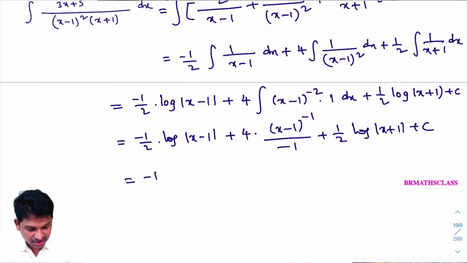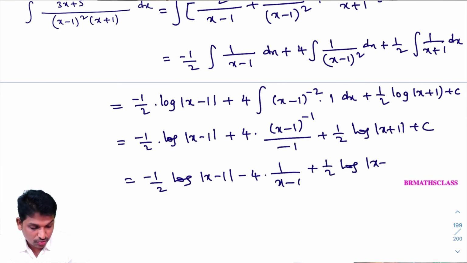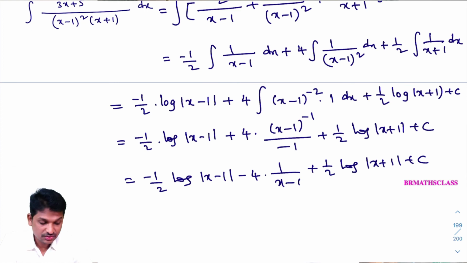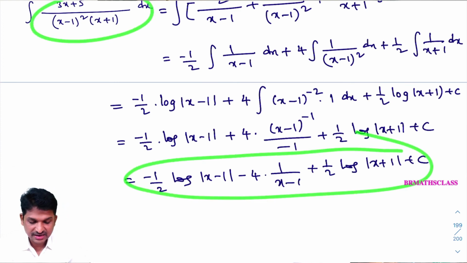If I simplify, what I'll get? Minus 1 by 2 into log mod x minus 1. Look here, this plus of minus will become minus 4 into 1 divided by x minus 1, plus 1 by 2 into log mod x plus 1 plus c. Finally, we integrated this one. Right? So this is the answer for this integral.